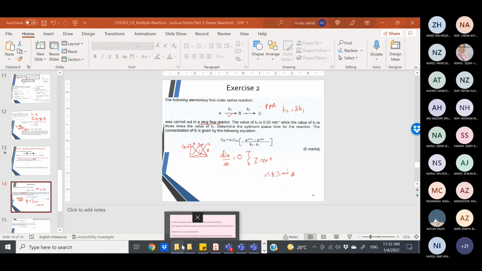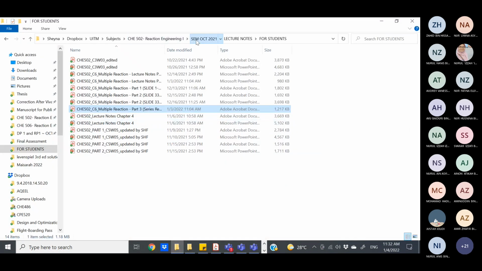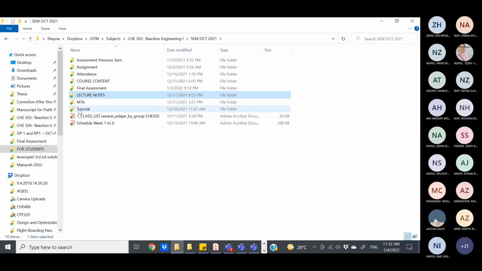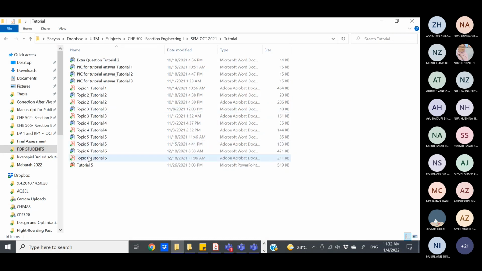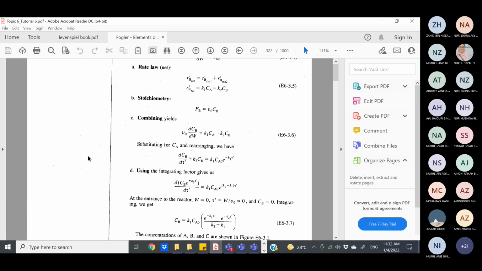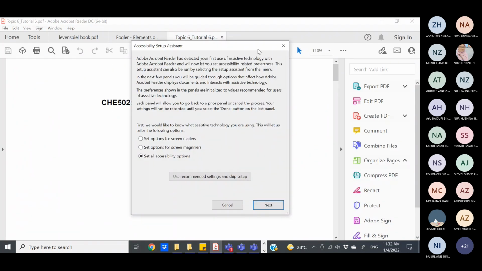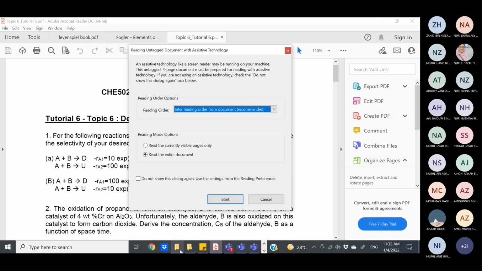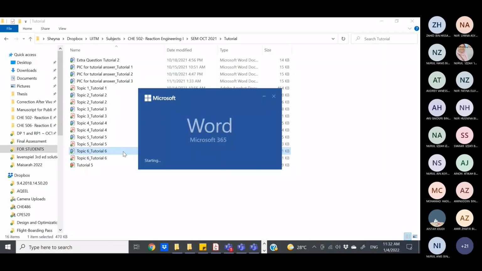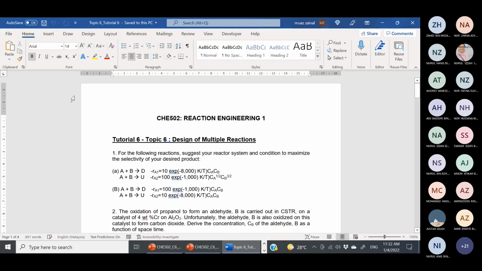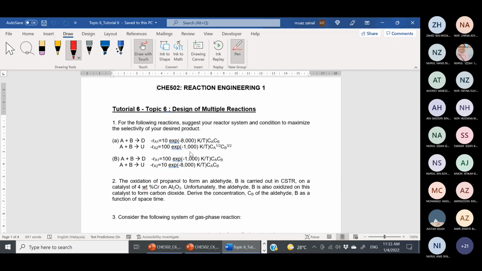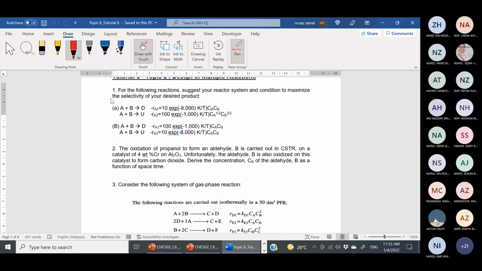Sekejap, tak apa saya guna ni lah kot. Okay, so soalan satu ni adalah common one.